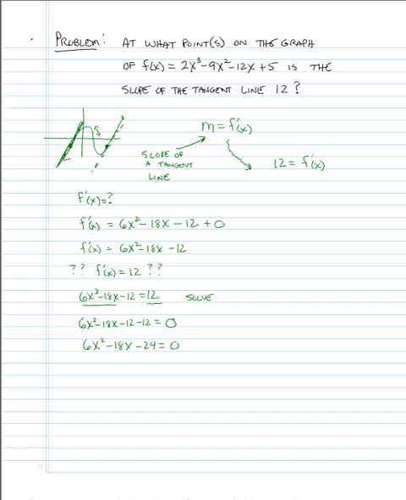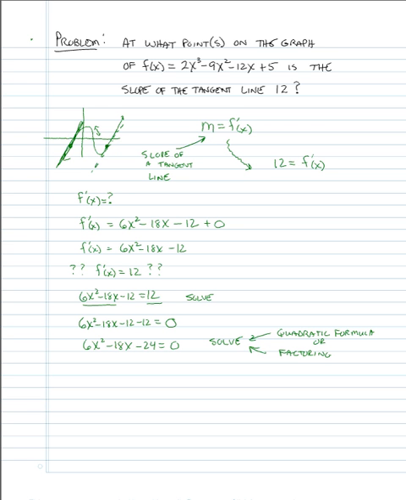To solve this, we have two options. Quadratic formula, which will always solve it, but that's kind of long and tedious. Or, if we can factor it, we could do it by factoring.